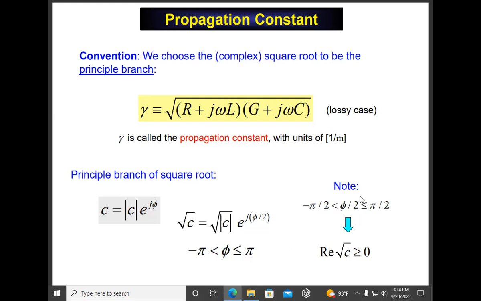And so cutting the angle down by half, it's between minus pi over 2 and pi over 2 inclusive. And that in turn means that the real part of the principal square root of any complex number is greater than or equal to 0. In other words, the principal square root lies in what we call the right half of the complex plane. So gamma, the propagation constant, lies in the right half of the complex plane.